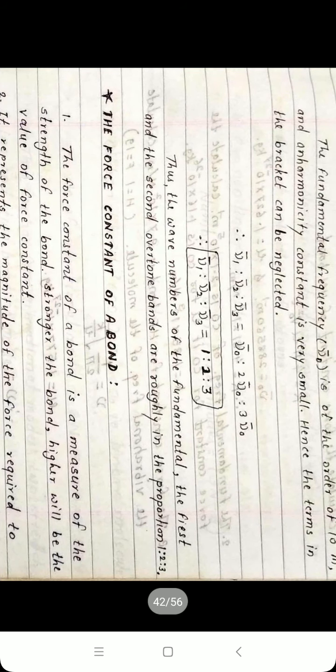The fundamental, first and second overtone bands are roughly in a proportion of 1:2:3. This we can write from equation 1, equation 2 and equation 3.